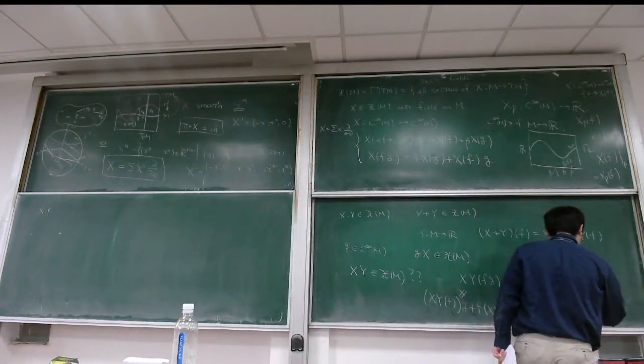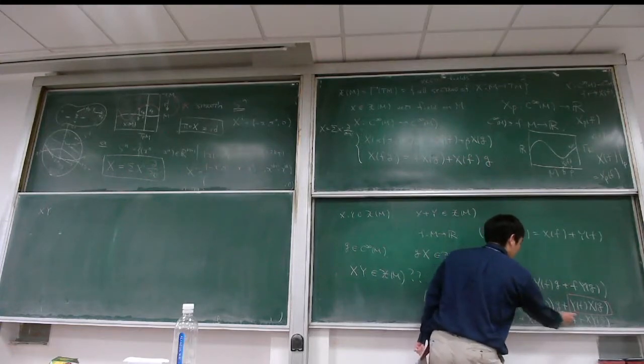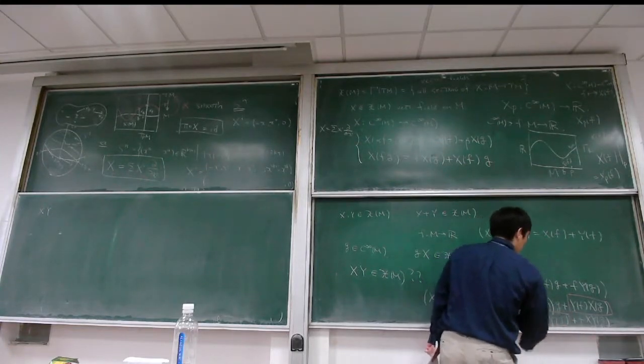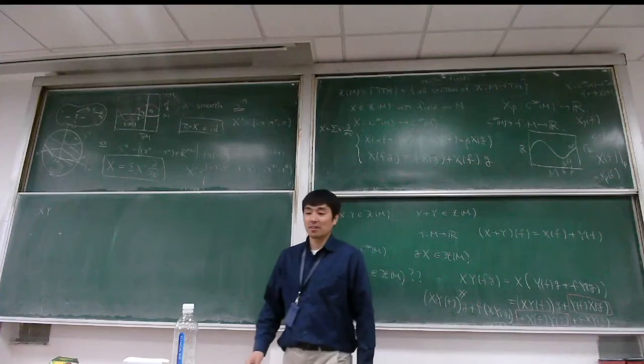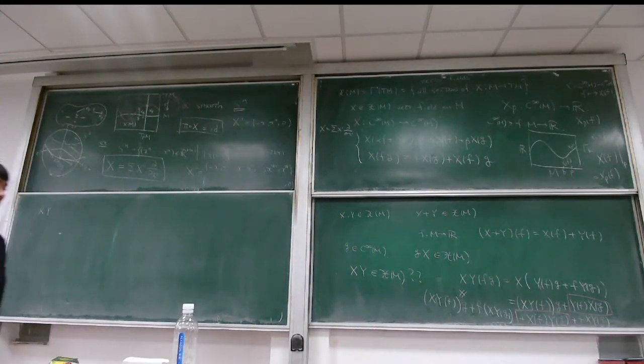These are the extra pieces. Okay. So we want to get rid of this extra piece. To get rid of the extra piece, what we can do is as follows. You swap the order of the vector fields, and take the negative.